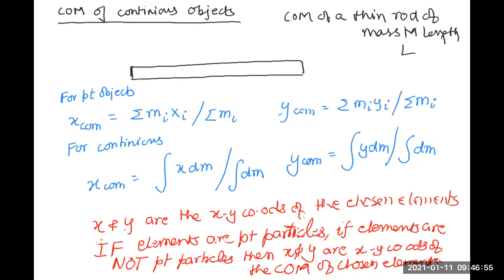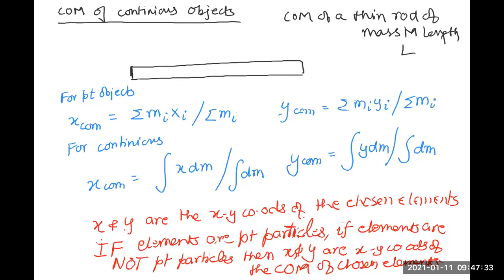So for example, if I asked you to find the center of mass of a sphere and a cube which are kept together, then first you find the x and y coordinates of the center of mass of the sphere and the cube, and then you apply the formula summation mi xi, where m1 will be the mass of the sphere multiplied by the x coordinate of the center of mass of the sphere, plus the mass of the cube into the x coordinate of the center of mass of the cube, divided by the summation of mass.